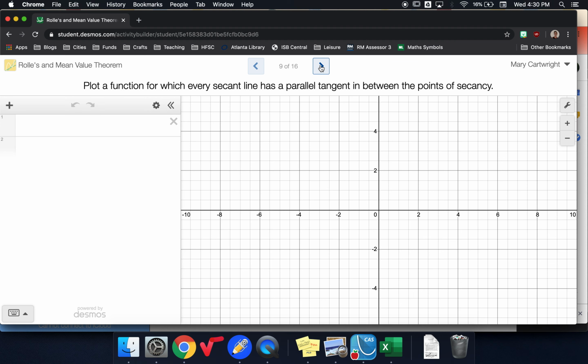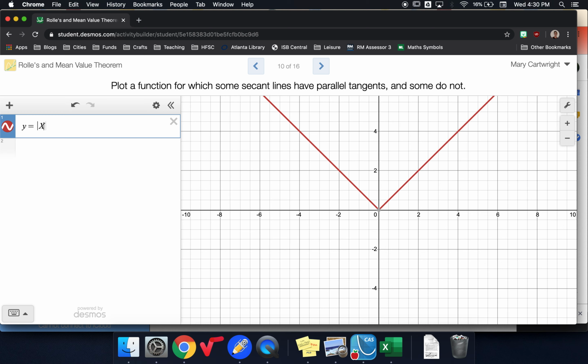Okay. So plot a function for which every secant line has a parallel tangent in between points of secancy. Well, I hope you're getting the point that I can just pick any continuous differentiable function. A function for which some secants have parallel tangents and some do not. Well, I'm going to pick a function that's not differentiable, like absolute value of x. It's not differentiable at every point.